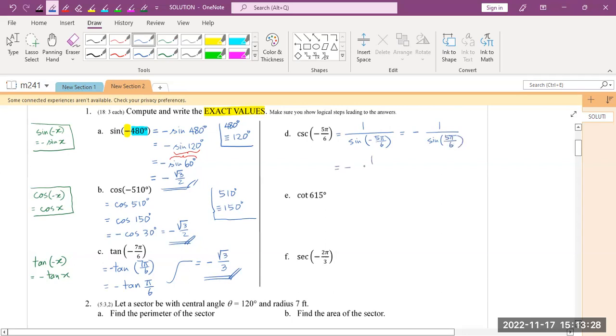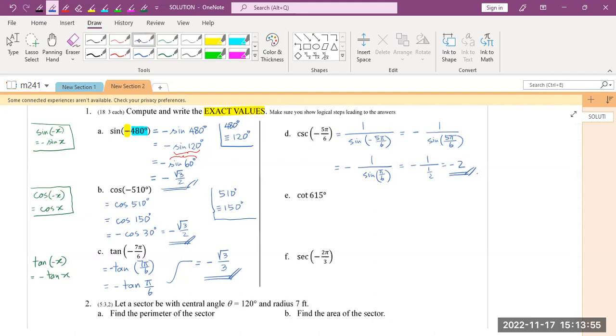Now sine 5 pi over 6, that's quadrant 2, it's positive, right? And then the reference angle is pi over 6. Sine pi over 6 is 1/2, so this is negative 2.